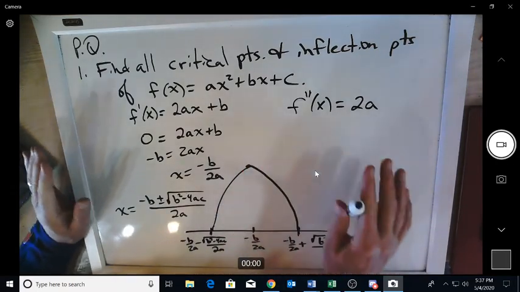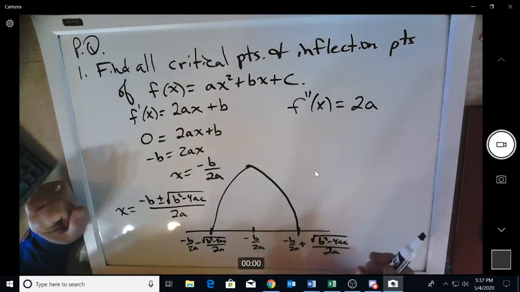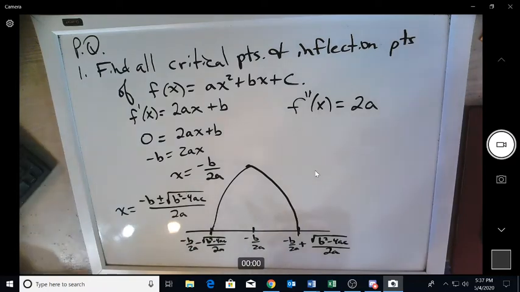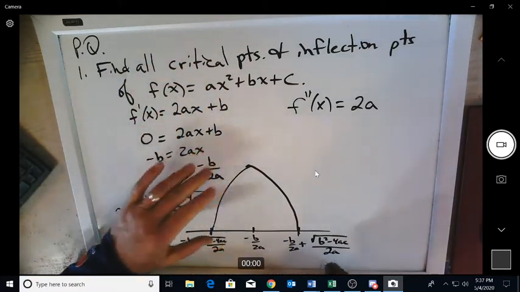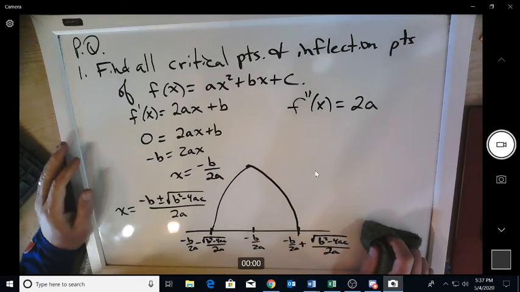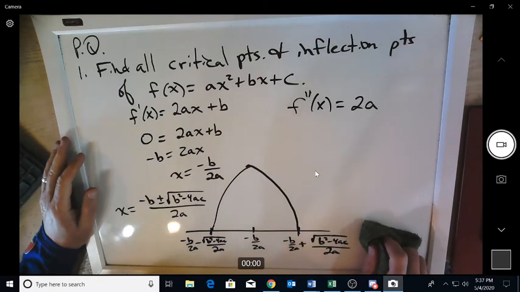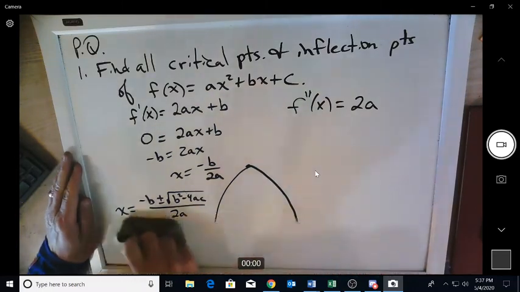It doesn't change as you move. So this uses calculus to shed some light on some basic features of parabolas, and it's consistent with what we already knew.